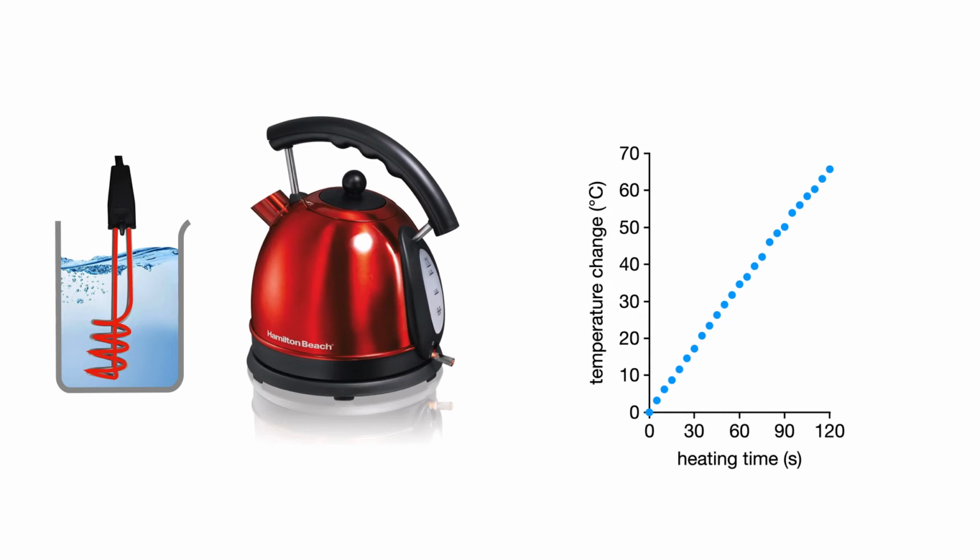And the heating time, I can actually turn that into a measure of the amount of heat, because I know that the kettle that I used has 1,500 watts. And so that tells me that every second that kettle is turned on, it is dumping 1,500 joules into the water.